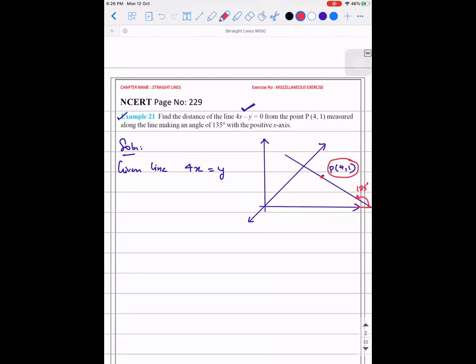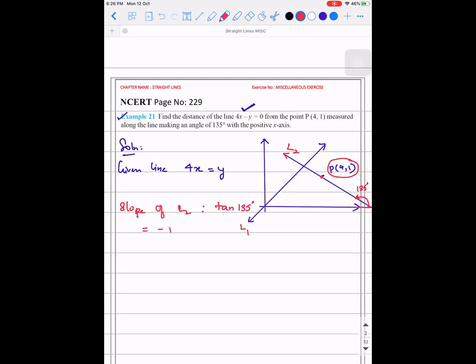So if I take this line as L2, let this be L1. What is the slope of L2, guys? It is tan 135 degrees, because slope is the tangent of the angle made by the line with the x-axis. So tan 135 is -1.